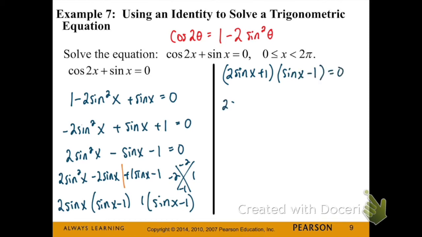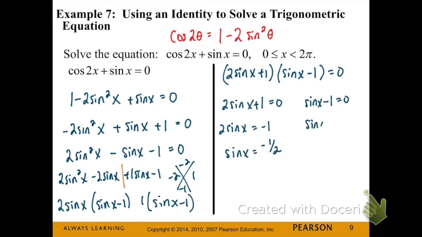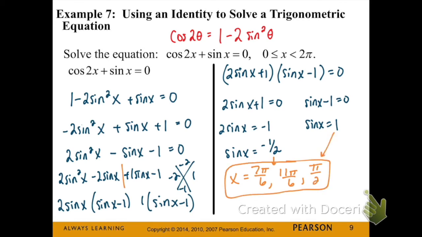Next, I'll set each of my factors equal to 0 and solve. y is negative 1/2 at these 2 radians, and y is equal to 1 at pi over 2.